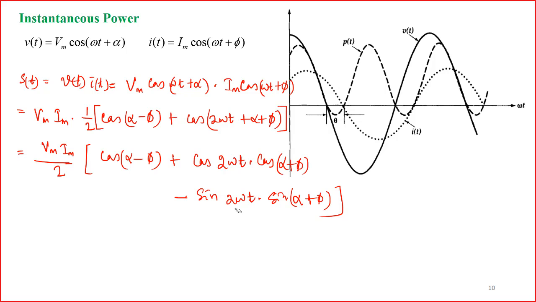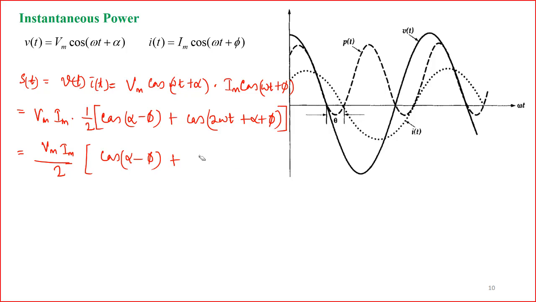Okay, so alpha plus phi, keep it as it is in that form. In the previous form, we can keep it there: cos of 2 omega t plus alpha plus phi.